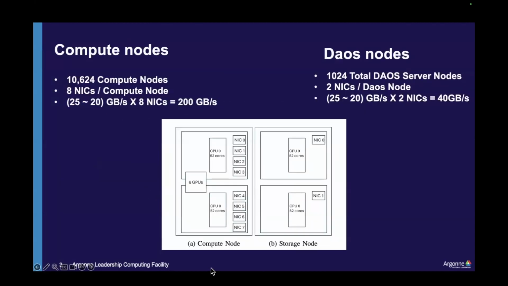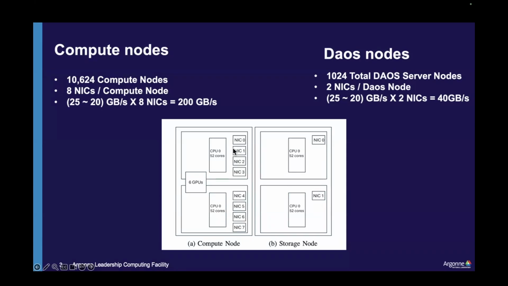Feel free to ask me any questions if you have anything. Okay, so here I just want to quickly show you the perspective of a node in terms of the NIC. A compute node has 8 NICs, whereas a DAOS node has just 2 NICs.